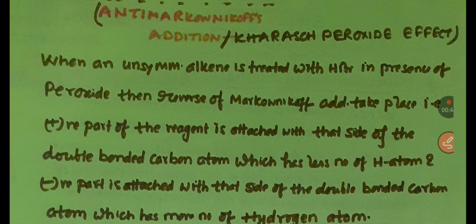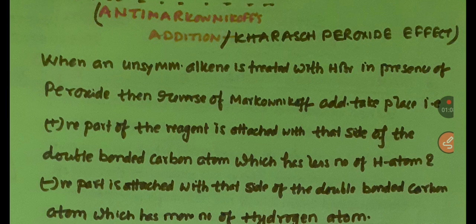That is, the positive part, which means the H part of HBr, is attached to that side of the double bonded carbon atom which has less number of hydrogen atoms, and the negative part is attached to that side of the double bonded carbon atom which has more number of hydrogen atoms.